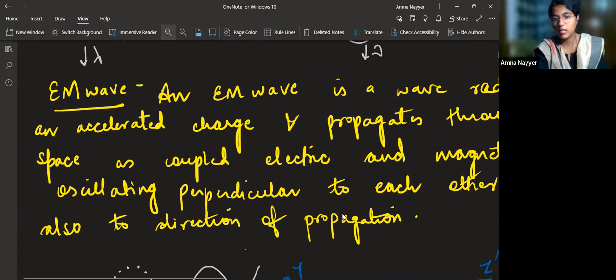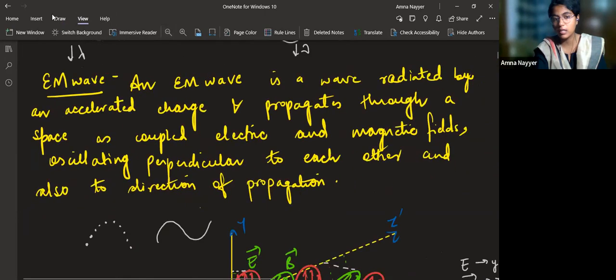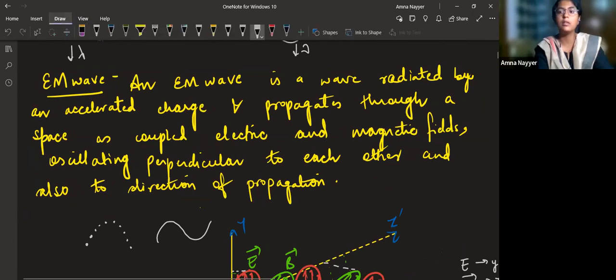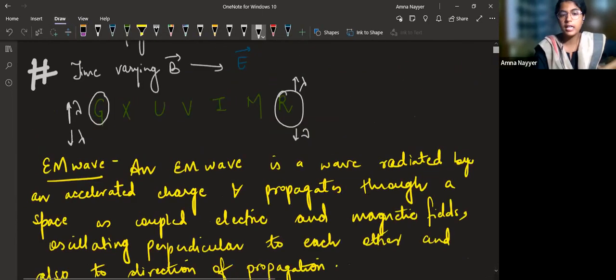It is not only perpendicular to each other, it is perpendicular to the direction of propagation as well. This is what is meant by electromagnetic waves, and we will be learning more about electric field and magnetic field.